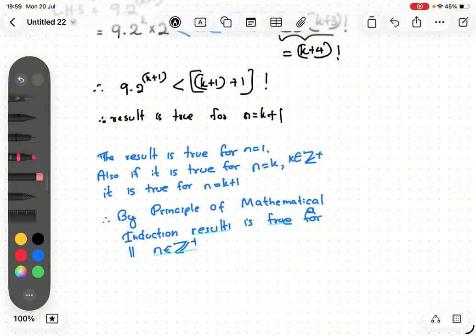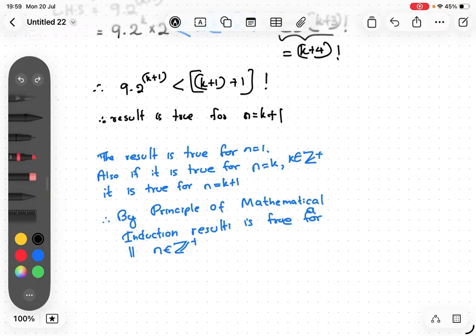And then we assume that it is true for n equals k, where k is a positive integer. Then we were able to show that it is true in the case n equals k plus 1, that means the next integer. Again, from n equals k to k plus 1 we showed it.